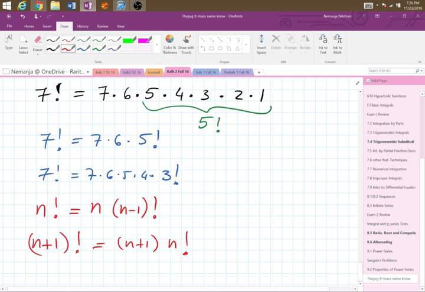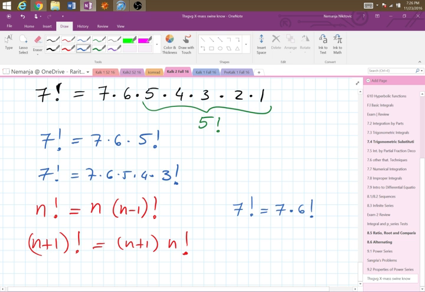And now I want to put examples next to these formulas. So let's go blue. This one over here would be 7 factorial is equal to 7 times 6 factorial. This is literally what it means.